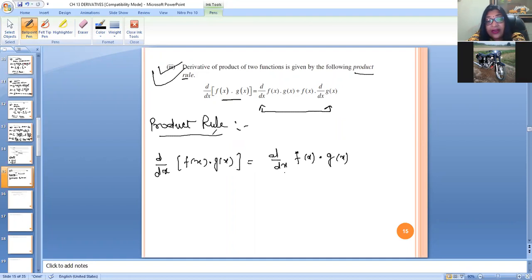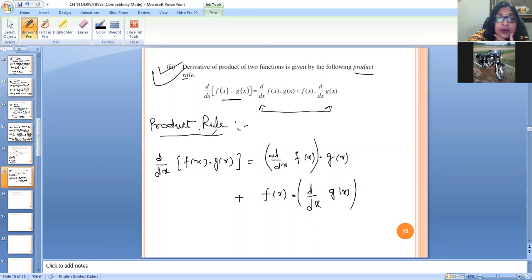That means we will write the function as it is; we are not going to take its derivative. We are only taking the derivative of f(x), plus the first function as it is into the derivative of the second function, the derivative of g(x). So this is called the product rule.